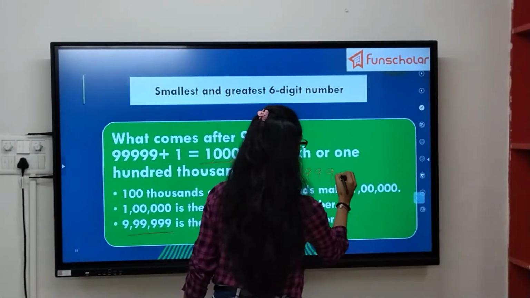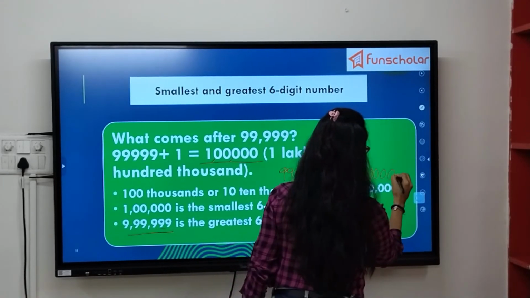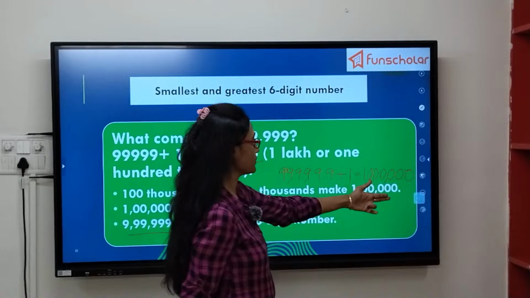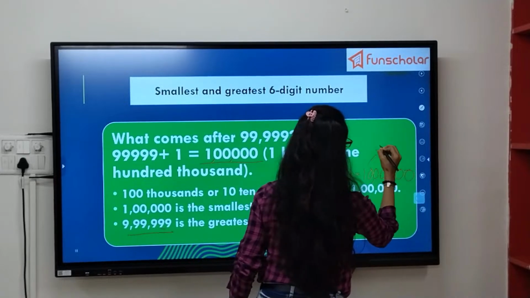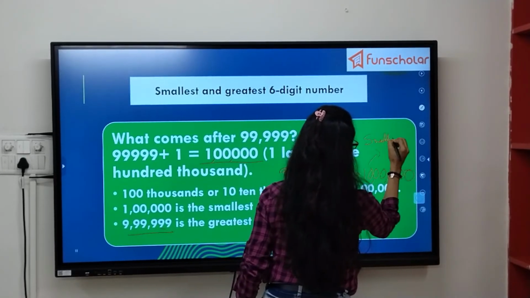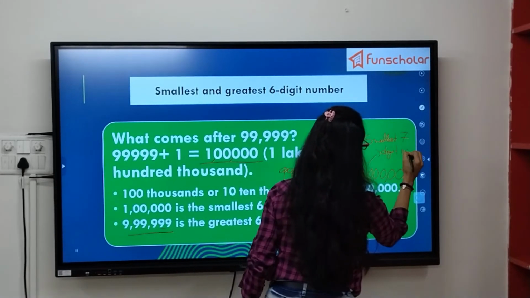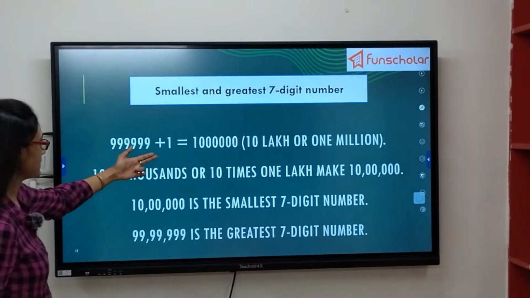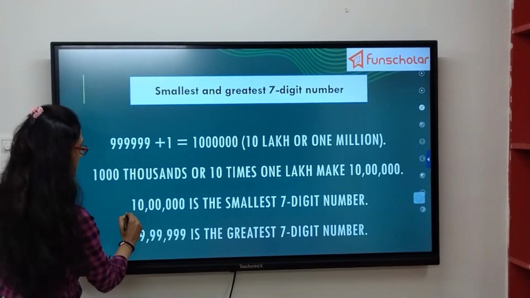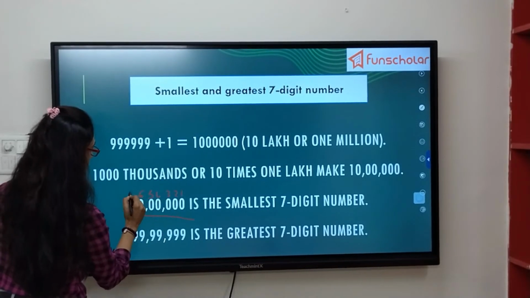So again if I add 1, so this will be again the smallest 7-digit number. See, this is the smallest 7-digit number. 1, 2, 3, 4, 5, 6, 7.